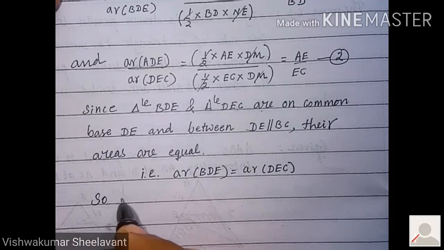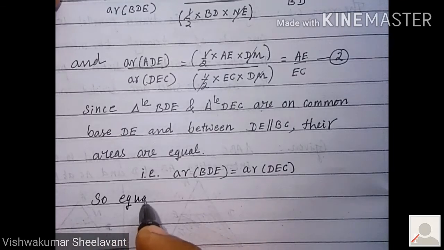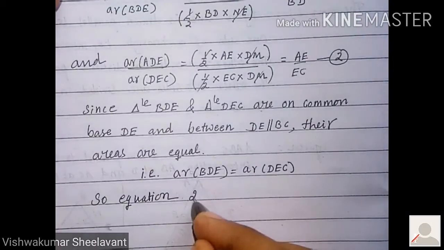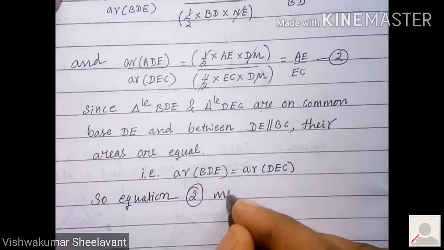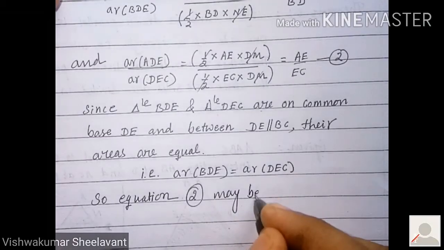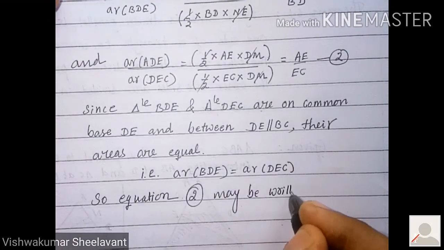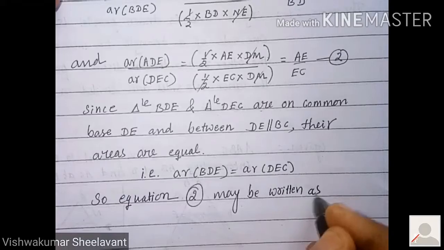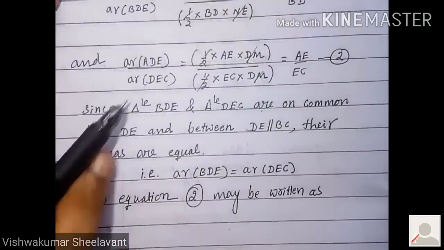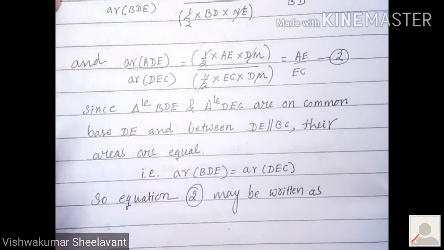So equation two may be written as, in place of DEC you write BDE.